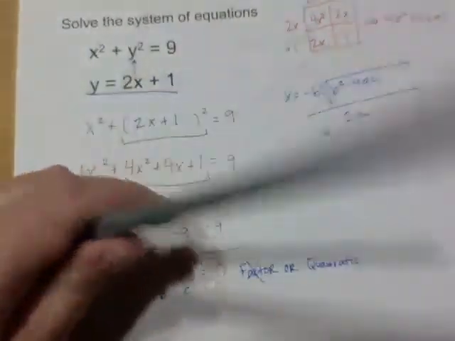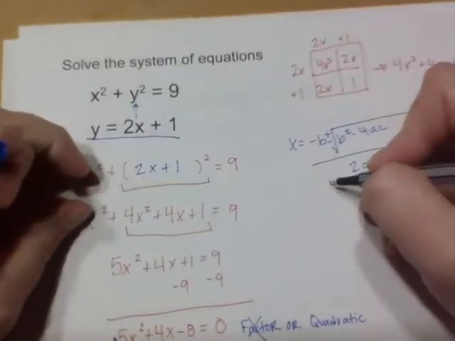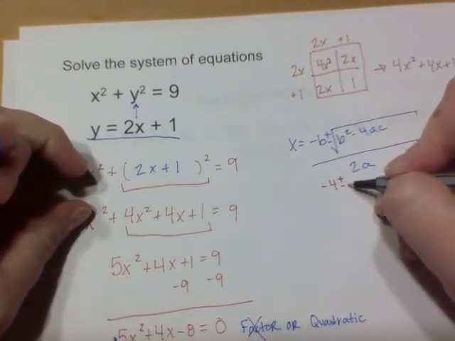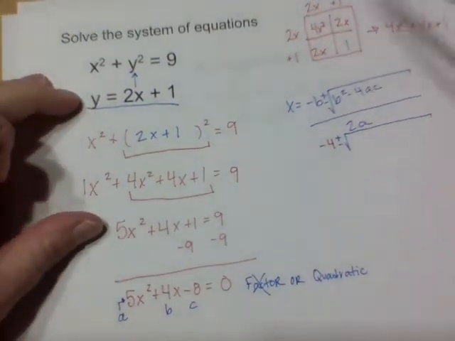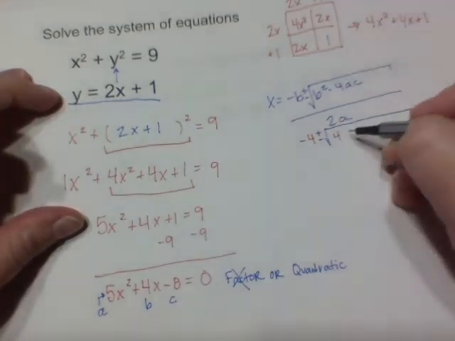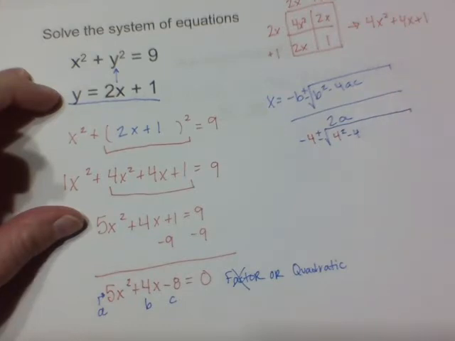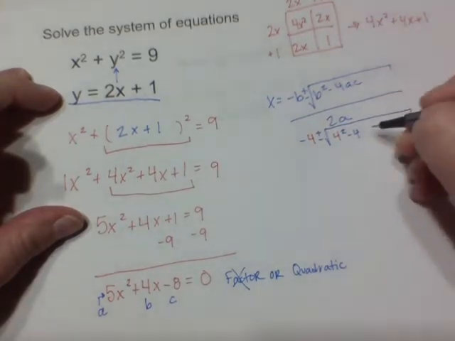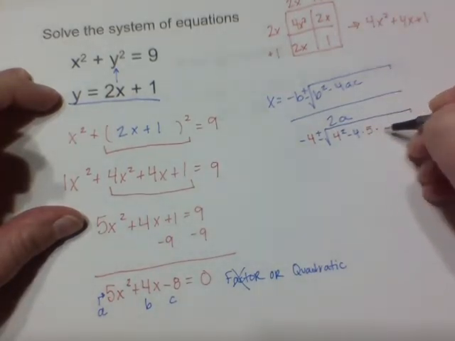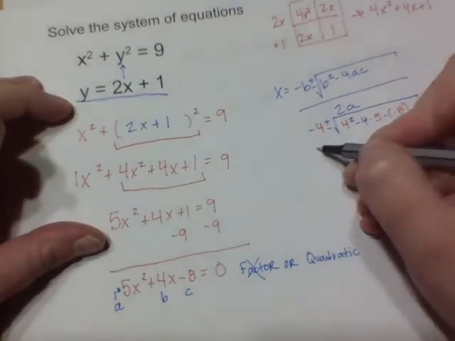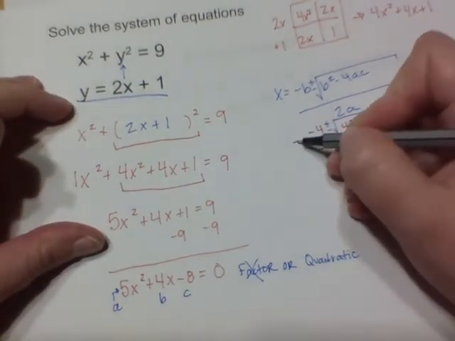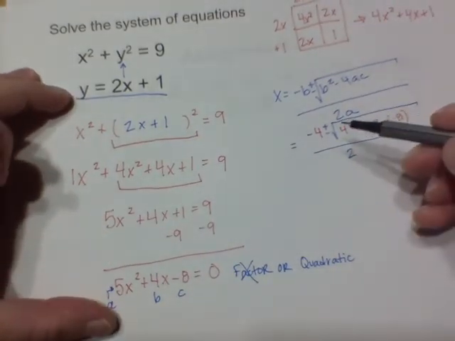I'm going to get really fancy with my colors here because all I'm doing is plugging in each of these values. So b again is 4 that I'll be squaring via the formula. And then we'll subtract 4 times a, which is 5, times c, which is negative 8. And then all of that is going to be over 2 times our a value, which is 5.